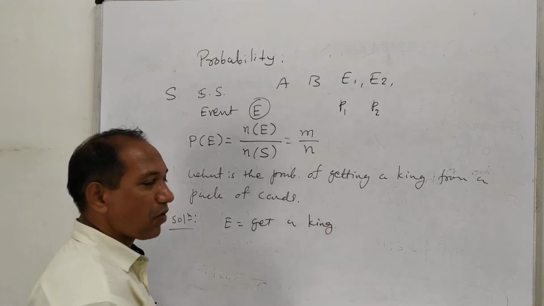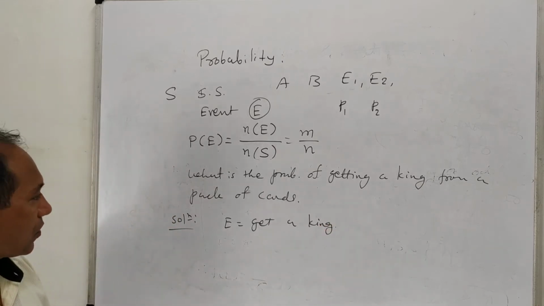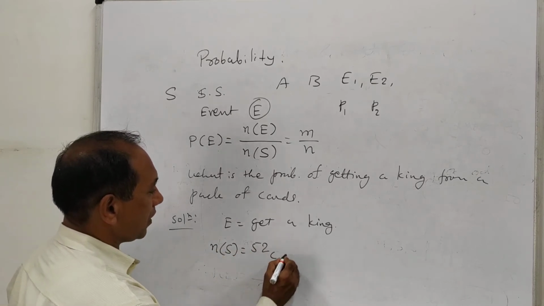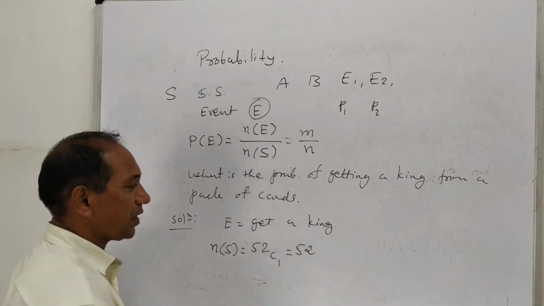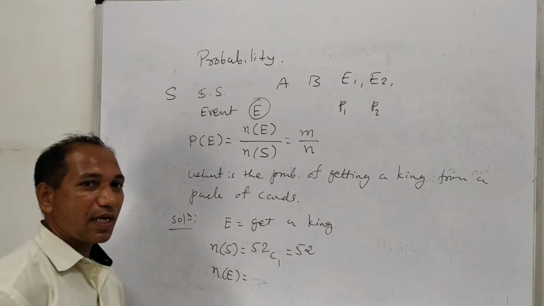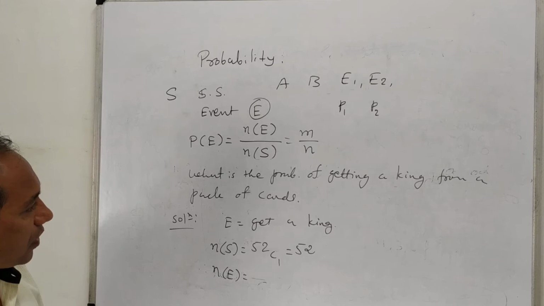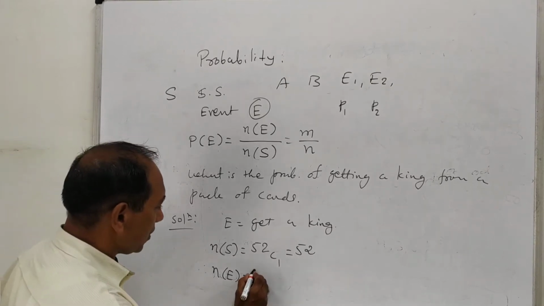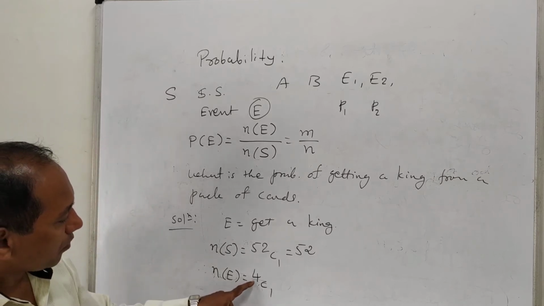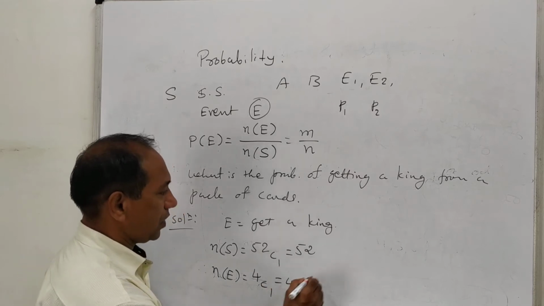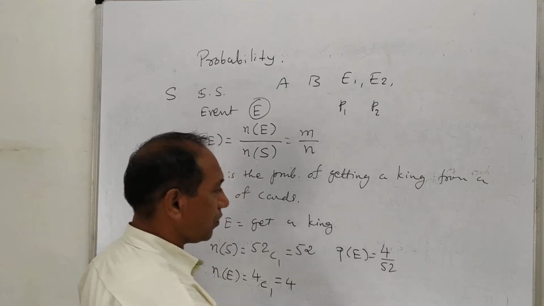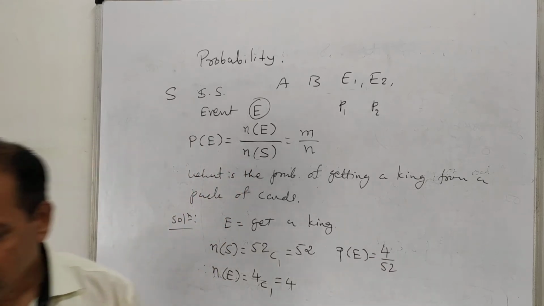That means a single card we want to draw. So the number of elements in the sample space will be 52C1, because there are total 52 cards, so this is equal to 52. And for the number of elements in E, to get a king, we know that there are 4 kings in a pack of cards. So out of 4, we have the chance to get 1 card in 4C1 ways, and this is 4. So the probability of E is now 4 upon 52. Okay, so this is the required probability.